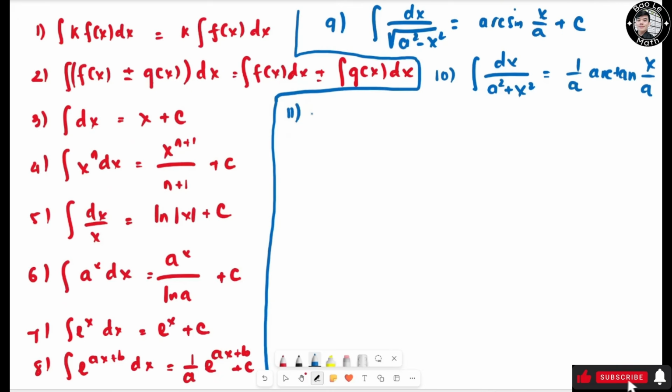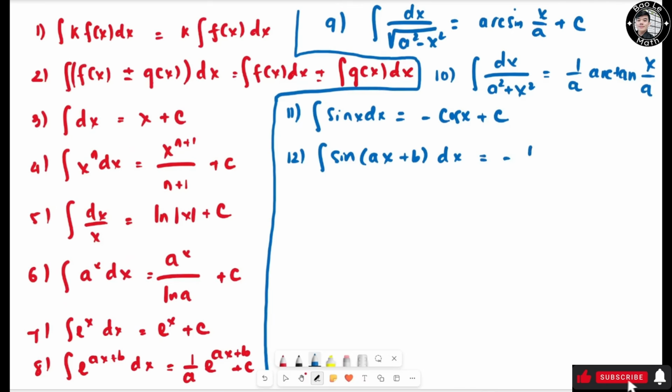Number 11, the antiderivative of sine s ds equals negative cosine s plus c. Number 12, the antiderivative of sine of as plus b ds is negative 1 over a cosine of as plus b, plus c.